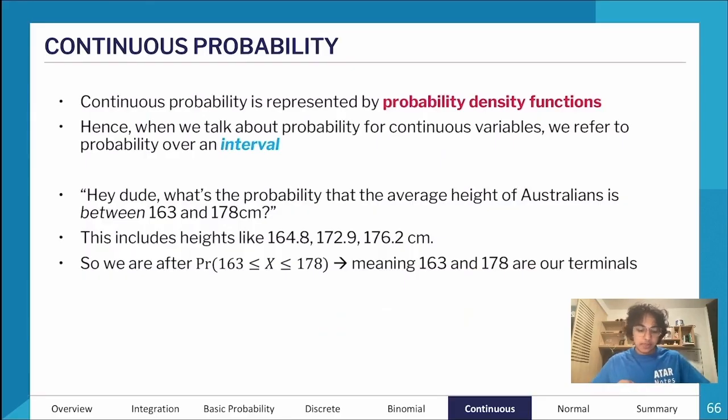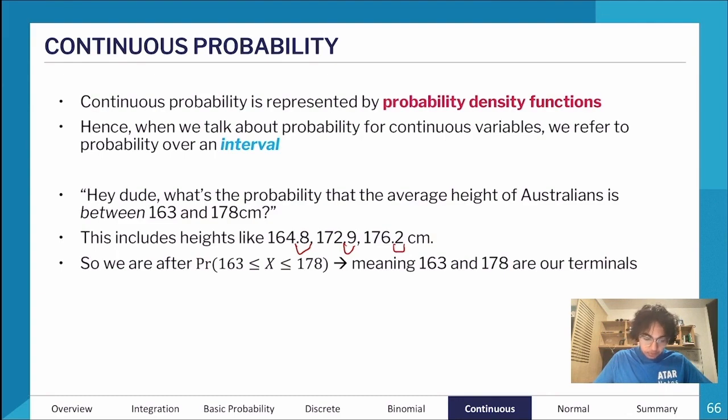We generally represent continuous probability by what's known as a probability density function, or a PDF, right? When we talk about continuous variables, we refer to them over an interval rather than a particular case. So we ask, what's the probability that someone is between 163 and 178, because that includes point heights like 0.9, 0.2.